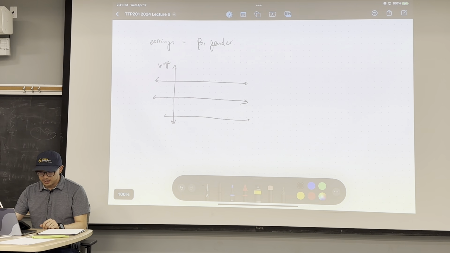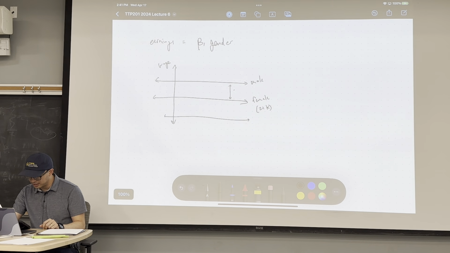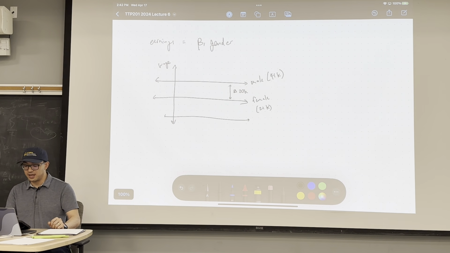And this would look something like this: male and female. If the intercept was 21,000, and then this delta is the coefficient for male, which is 20,000, then the actual value for male would be like 41,000, something like that. Okay?